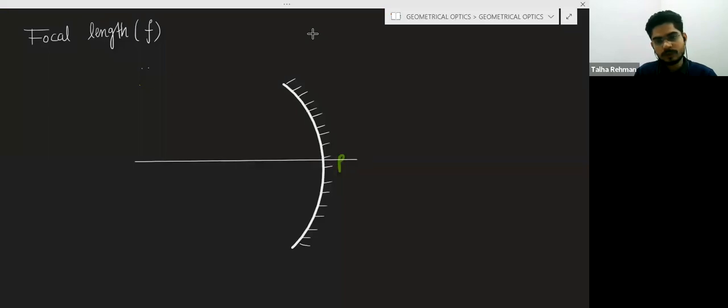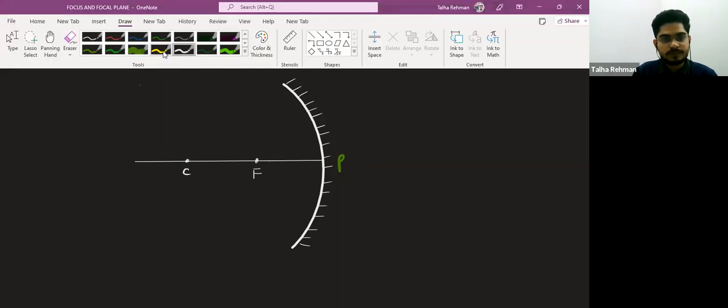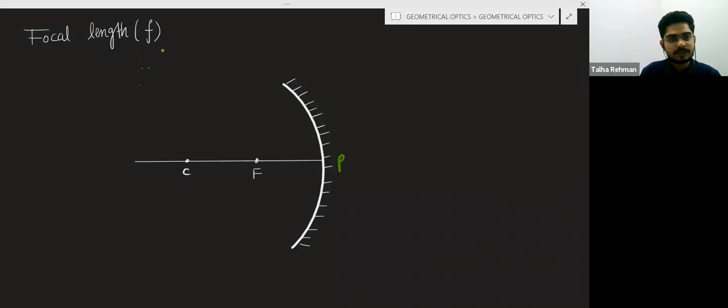This is the principal axis. Okay, and this is a focus. And here somewhere will be the center of curvature. So basically, focal length is the distance from pole to focus.